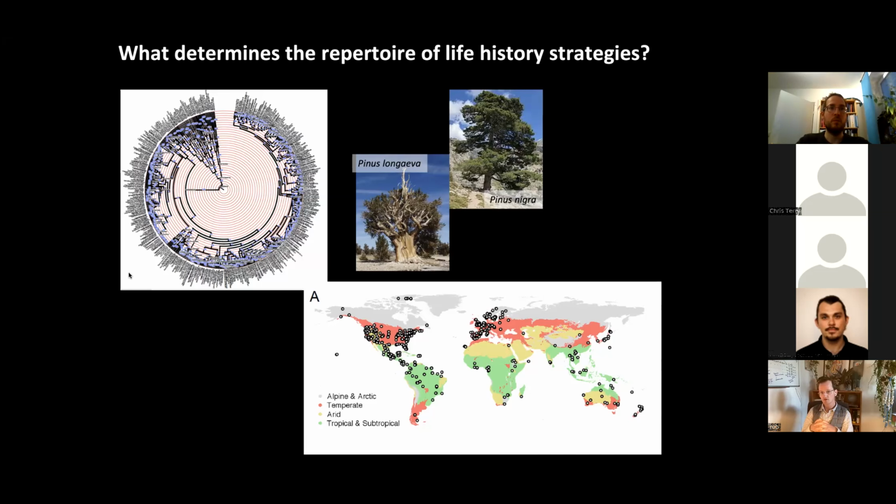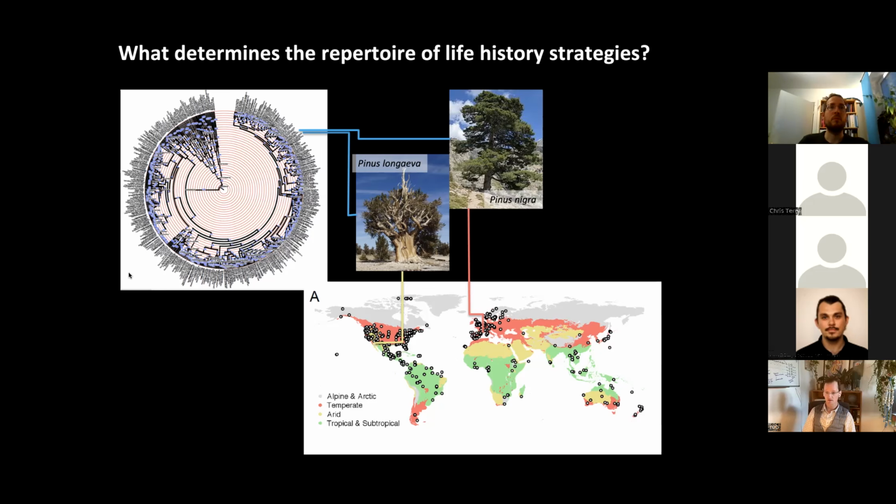For instance, you have two pine species here, bristlecone pine and the black pine. Obviously, they both belong to the same genus, but they actually live in very different kinds of ecosystems. One is found in arid land, the other in Mediterranean habitats.